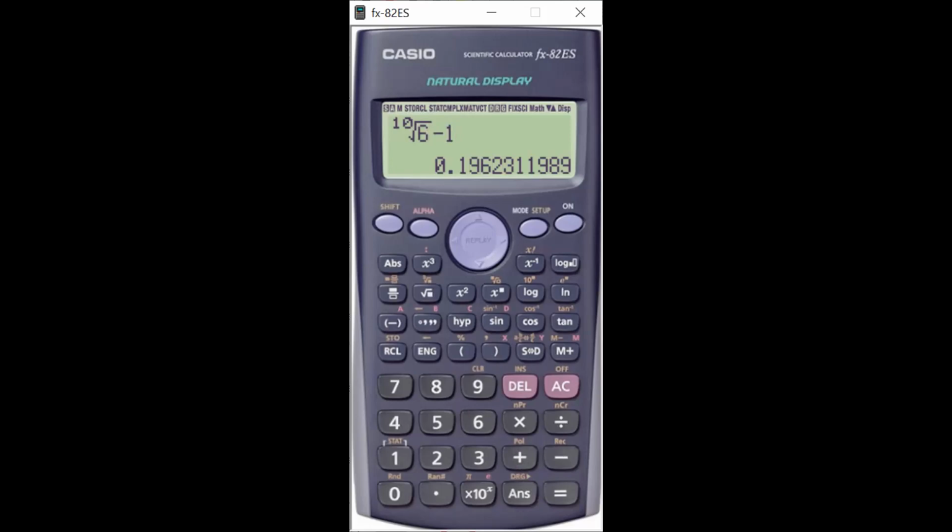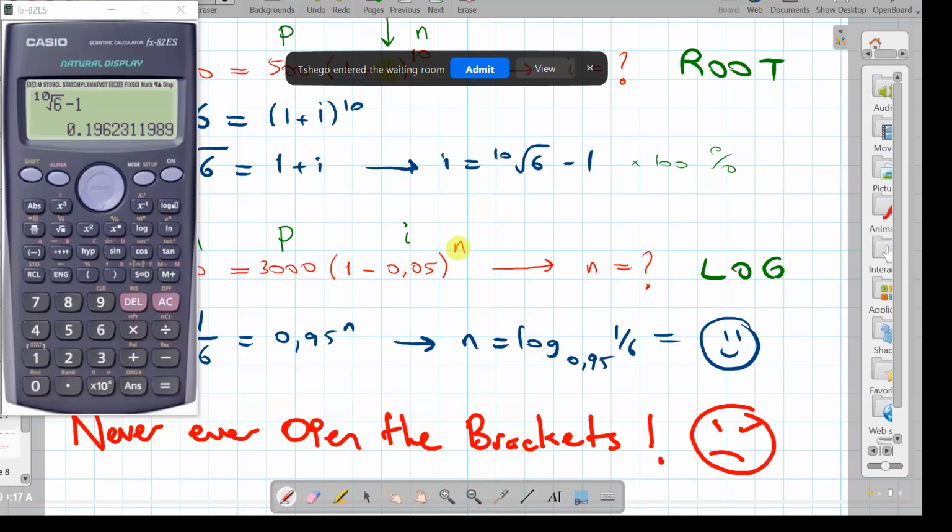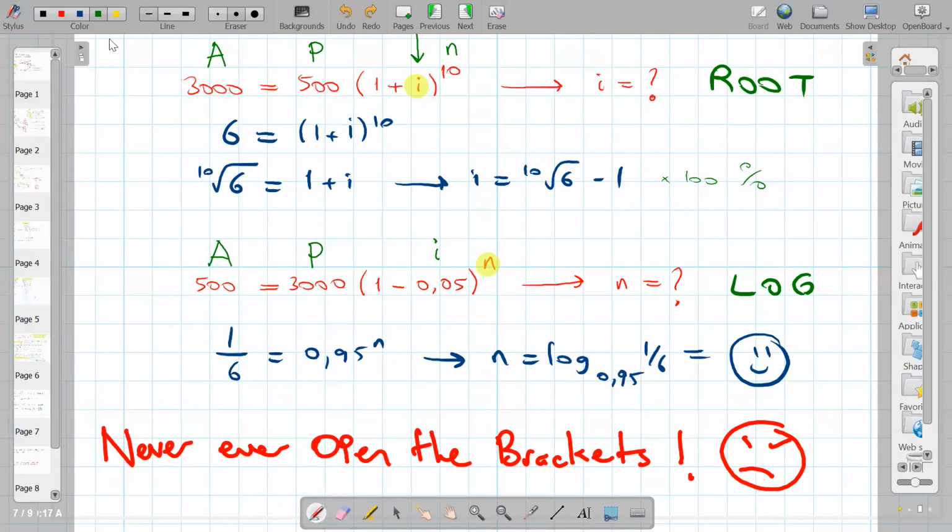So the calculator gives this answer, 19.62% for the I. We just got it. And the other one was almost 35 years. It's too long, huh? Anyway, the rate is too small. That's why it could happen. So that's like 35 years.